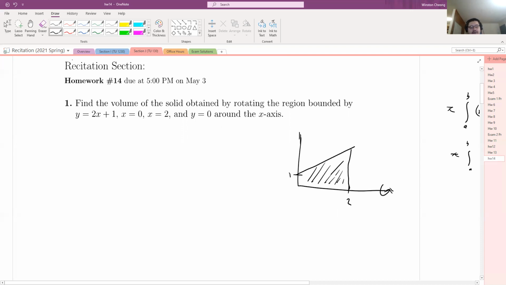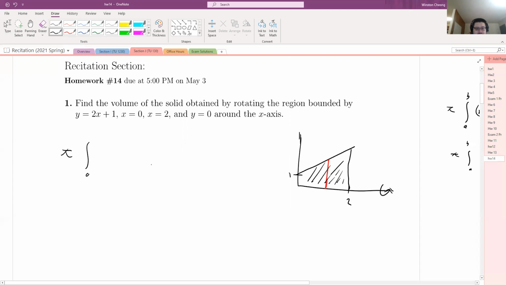For this particular shape, it would make more sense to draw the segment like this. It's easy to describe the length of this segment for any given x value, and that's what is necessary. So this ends up being the disk method in this case.